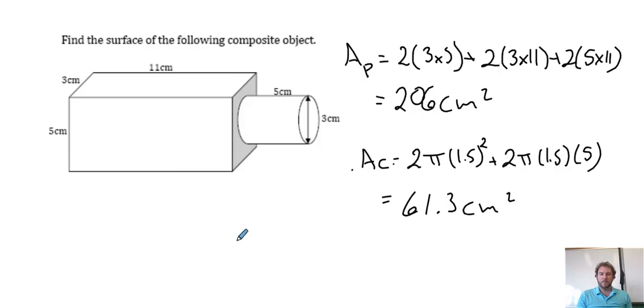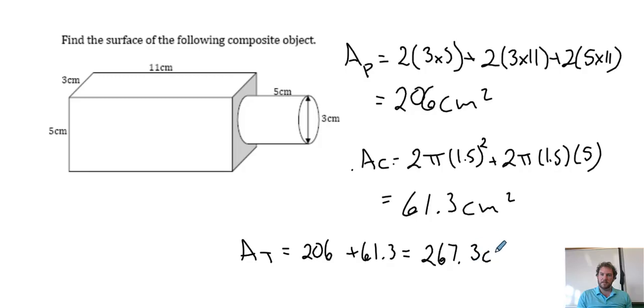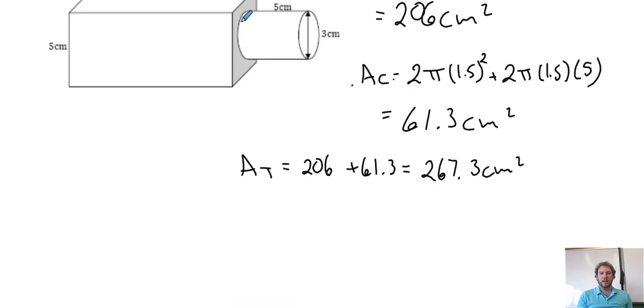centimeters squared. So what that means is the total surface area of these simple objects is 206 plus 61.3, and that's 267.3 centimeters squared. Now we need to find the area of the hidden faces. So the hidden faces here are where these two circles touch, right?